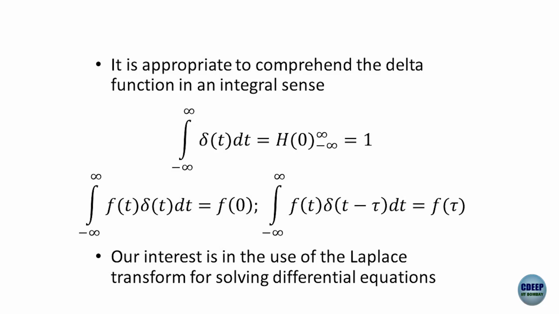So I've got now a Heaviside function, which is giving me a step, and then I've got a Dirac delta function, which is some kind of a derivative of this Heaviside function.